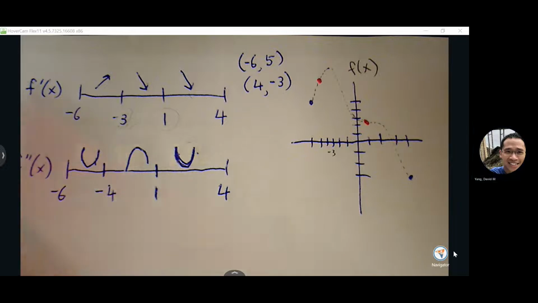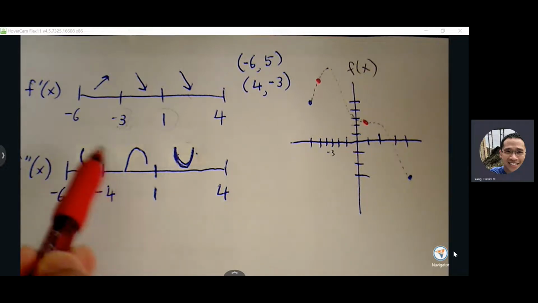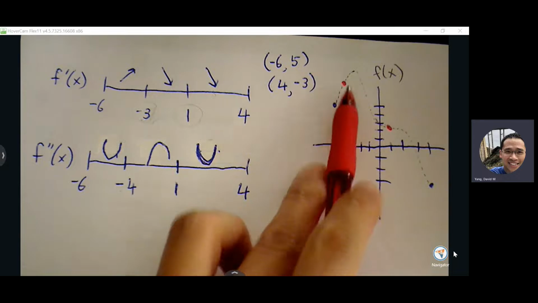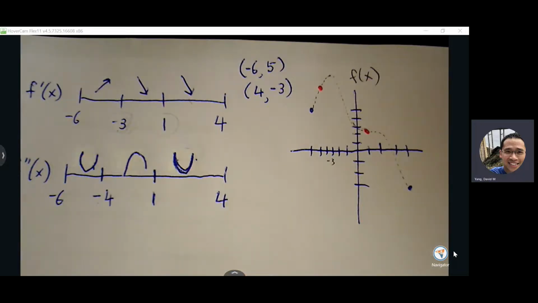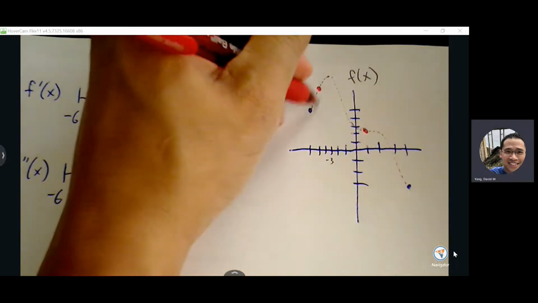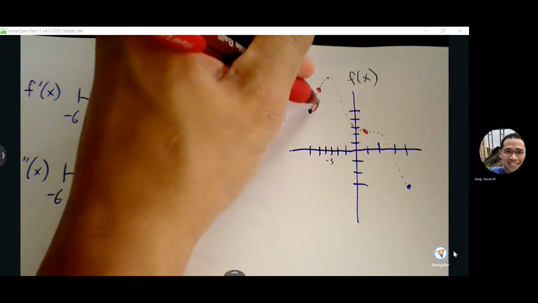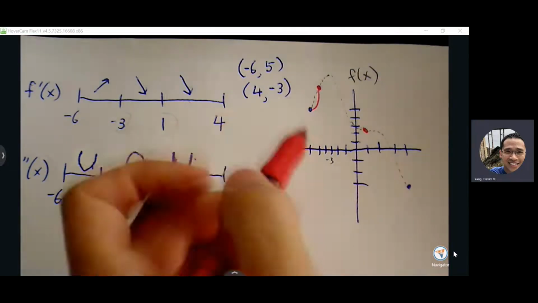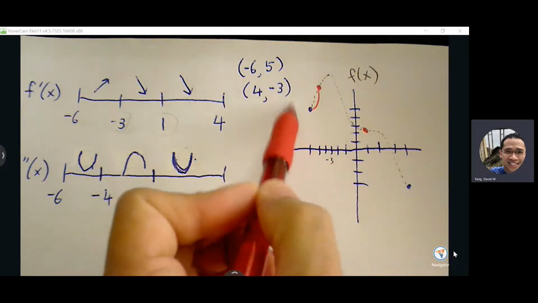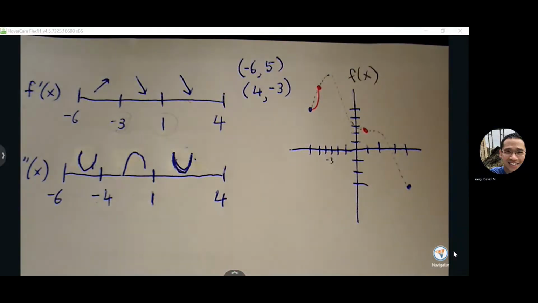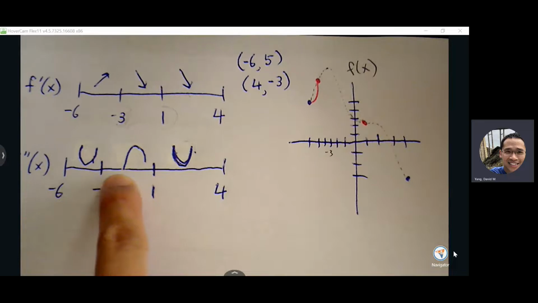Now we want the graph to be concave up between -6 and -4. So it's a little bit U-shaped, but it's not going to be a full U shape because we don't have that path on this side. And then it switches to concave down.